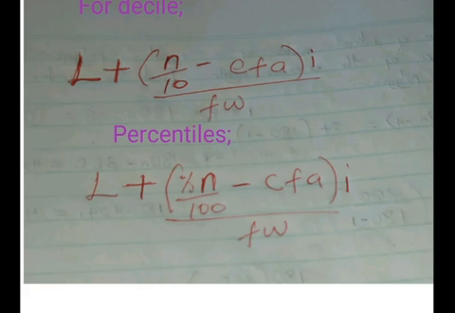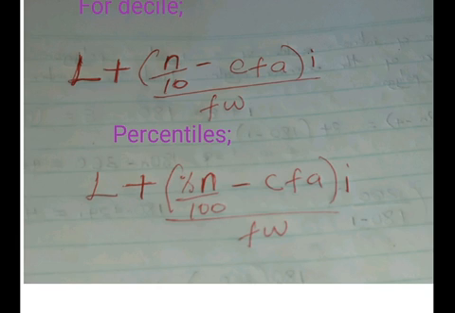So we'll take 17 over 100 multiplied by n, minus cumulative frequency above over frequency within, multiplied by the class interval.